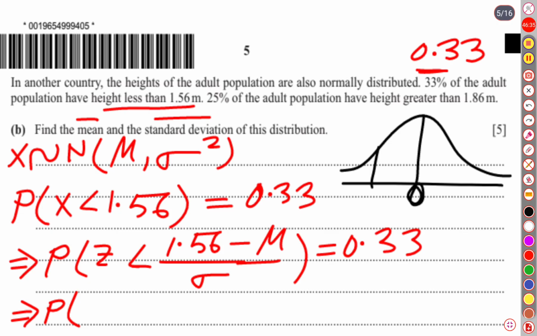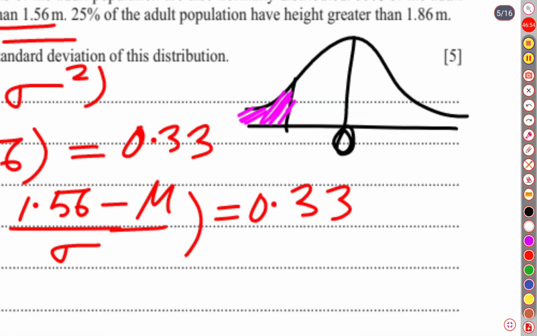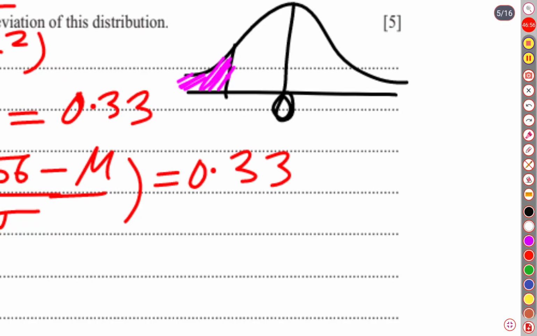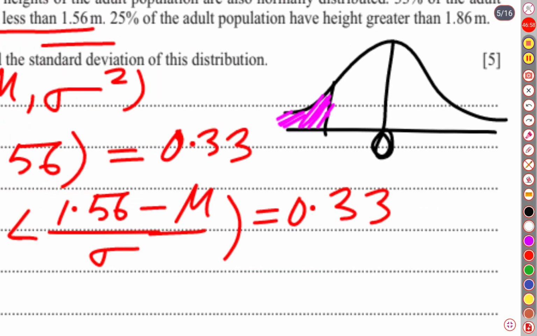They have told us less than the z score, so the left part is required, and our z score lies here.